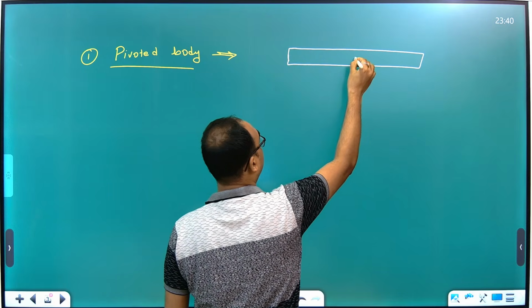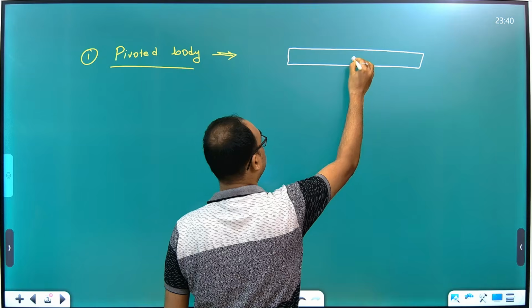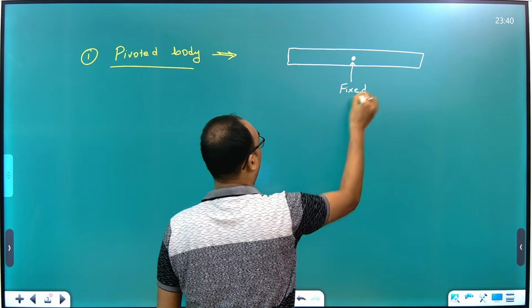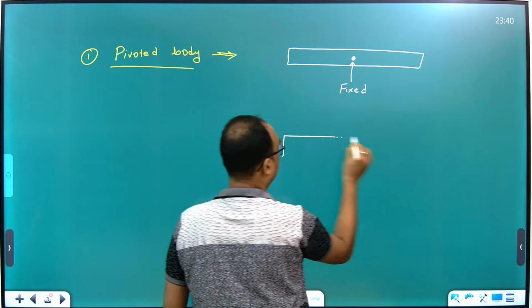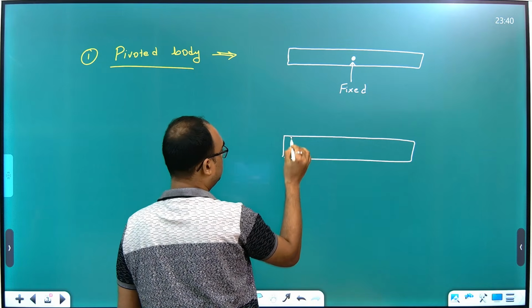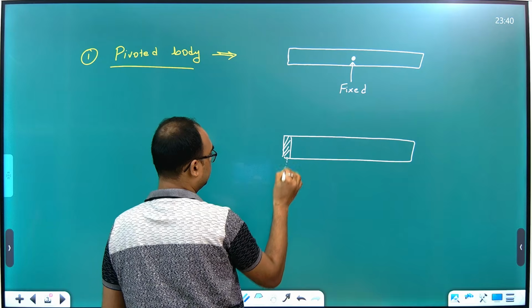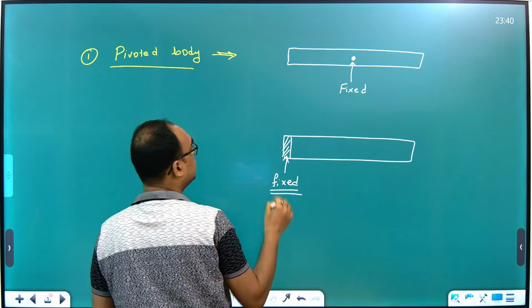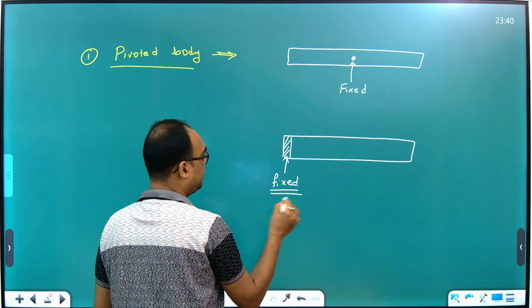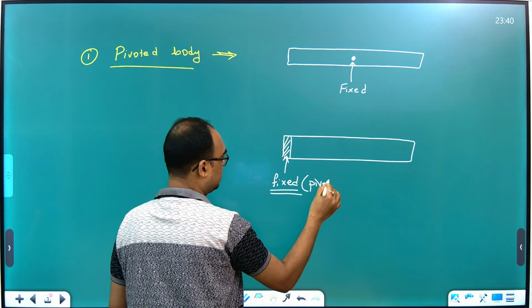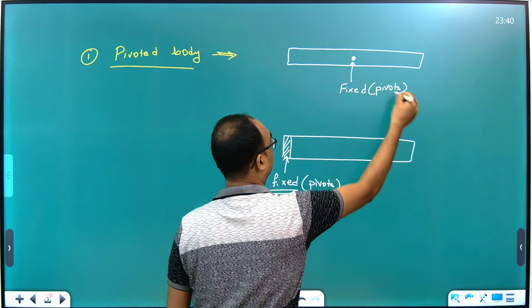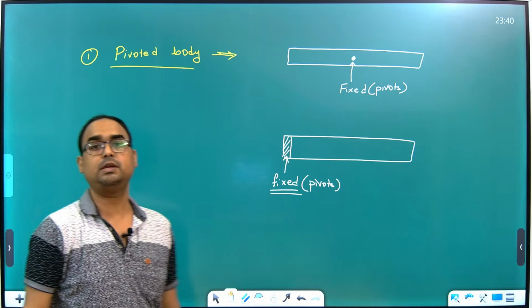A body whose center position is fixed, or you can keep it like this also, a body whose one end is fixed. The fixed points are known as pivots.